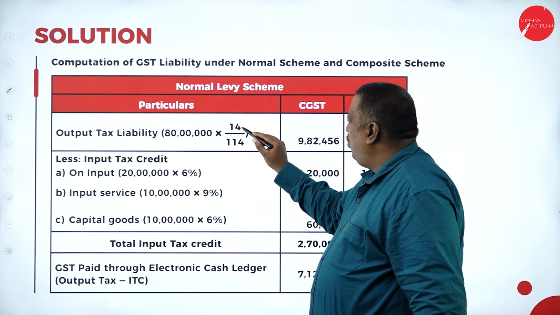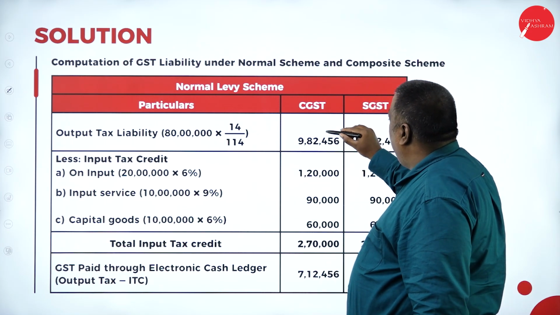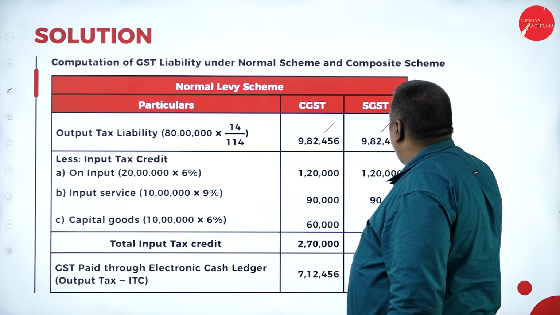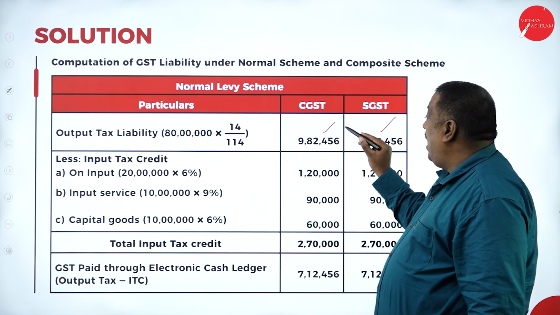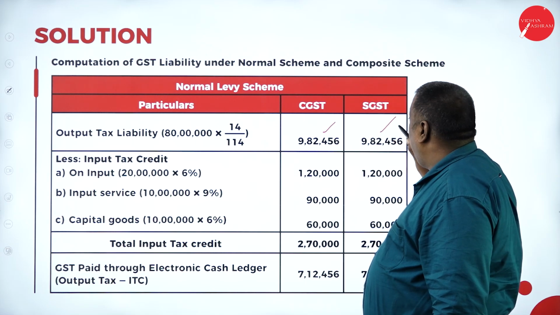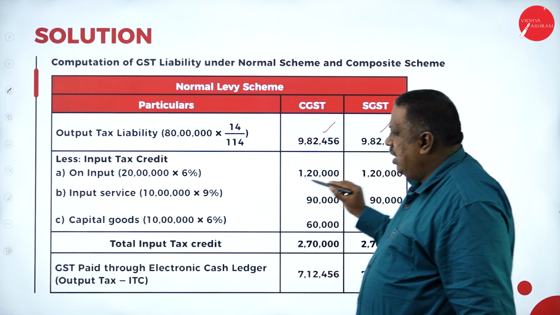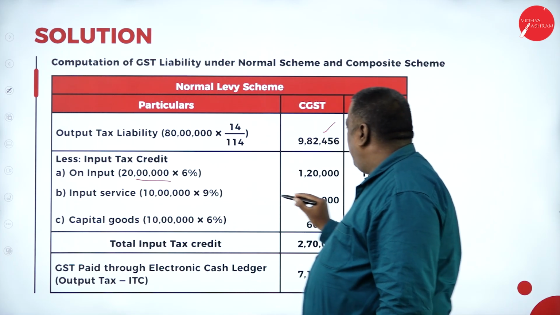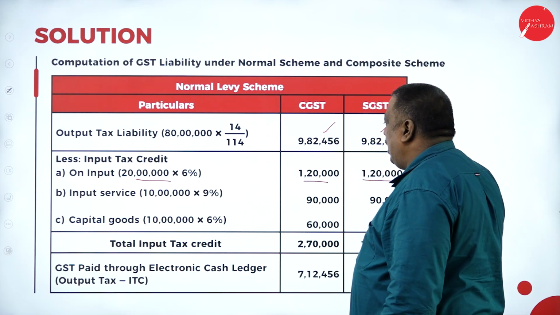It will be 9,82,456 collected. Input tax credit, what we have here, 20 lakhs into 6%, 1,20,000.